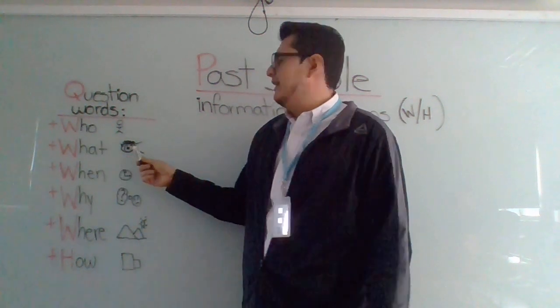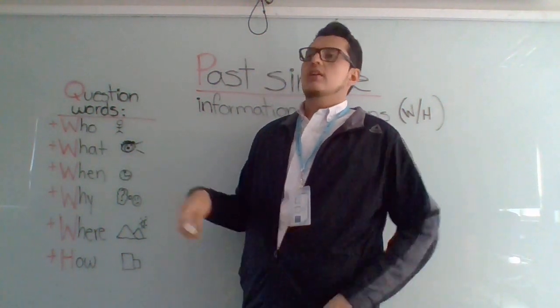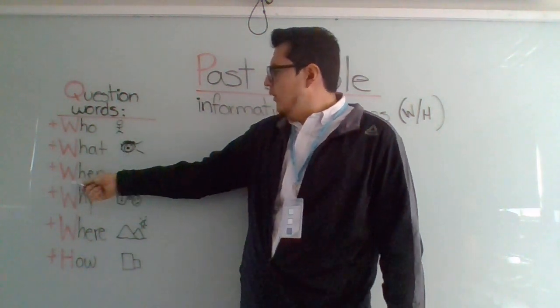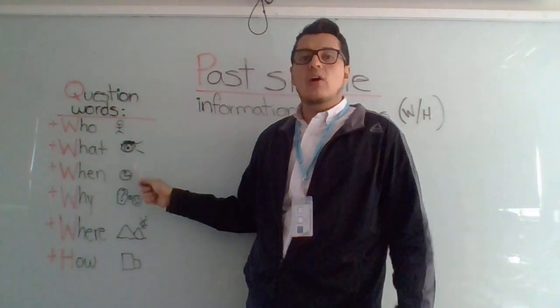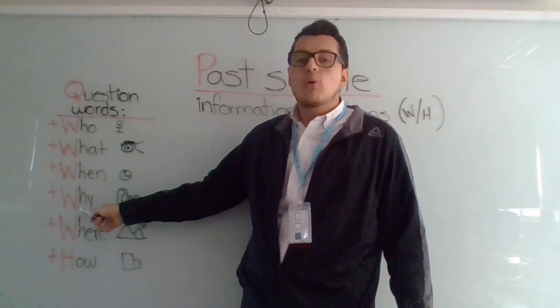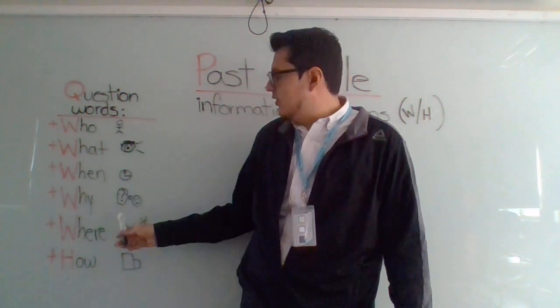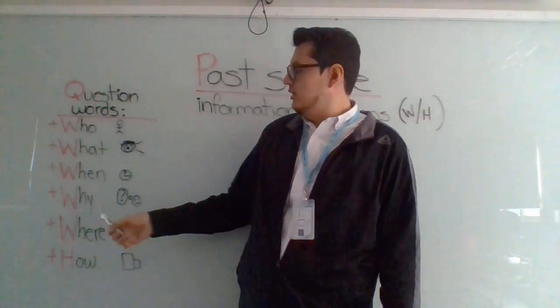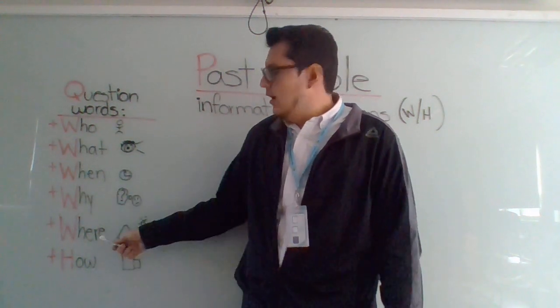We use what for a specific object or a thing. When, we use when for a moment or for a time. Why? Why is for a reason, an explanation. We need an explanation, we use why.